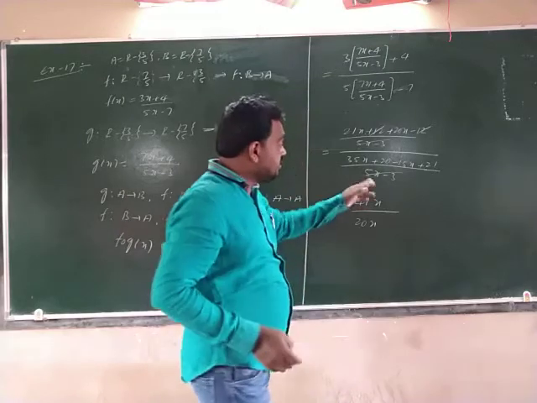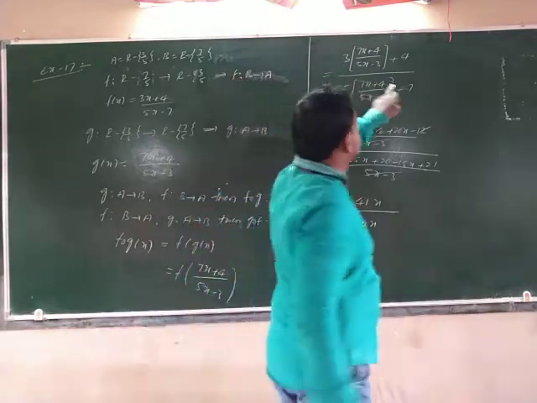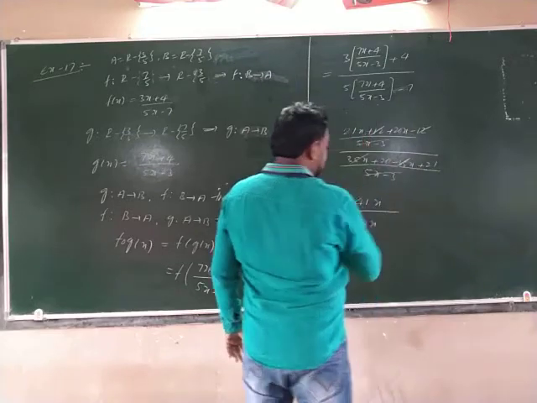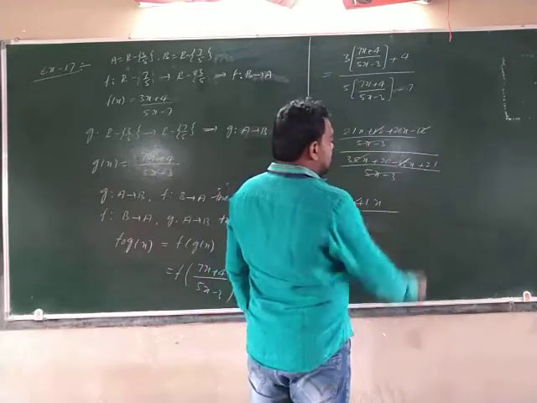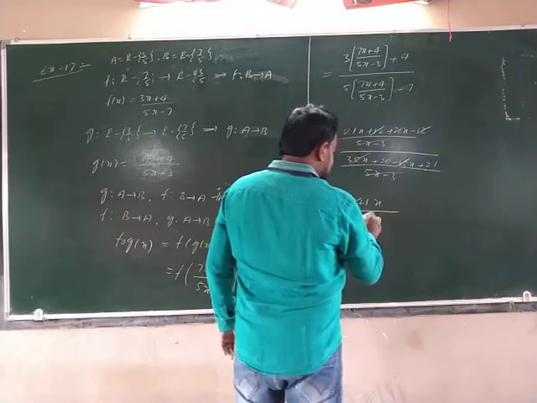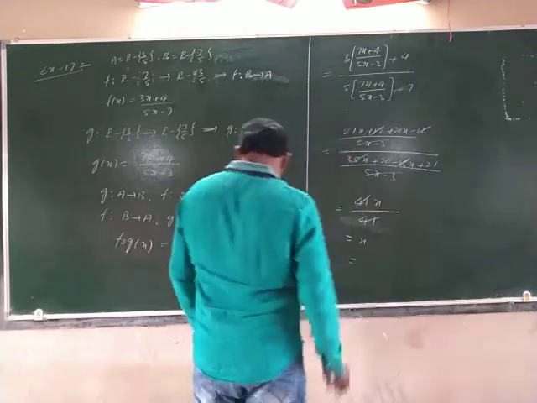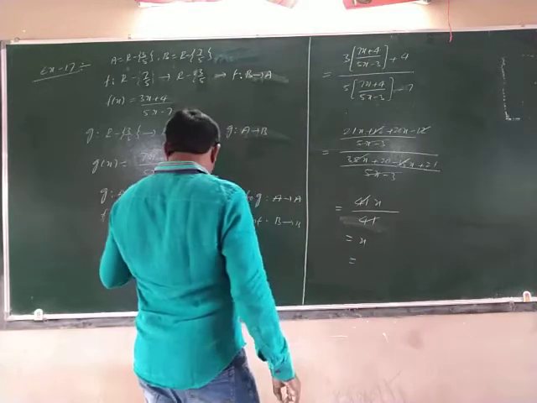Here 7 5s are 35, 7 5s are 35, so 35x and 35x get cancelled. Now 20 plus 21 is 41. 41 gets cancelled, and x is equal to f circle g.